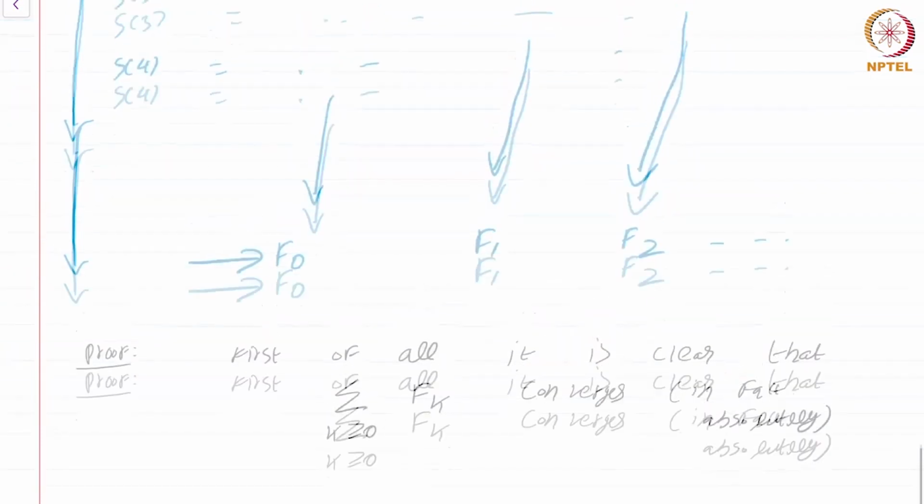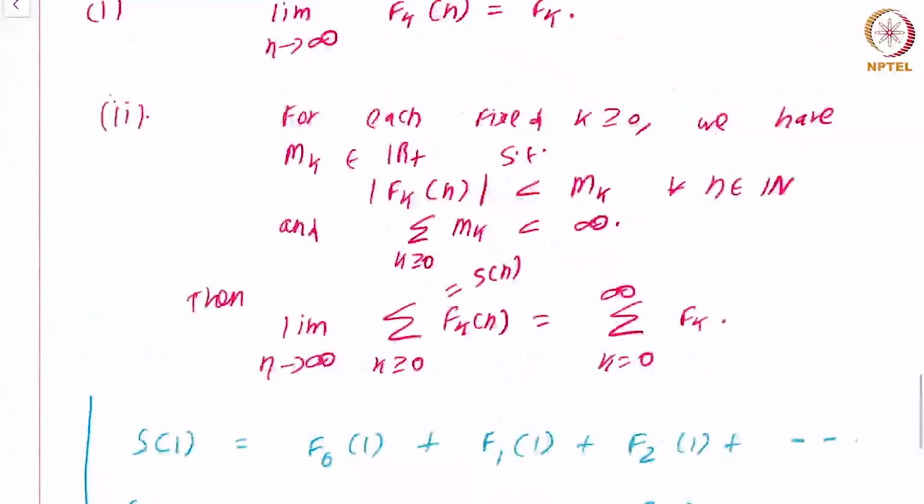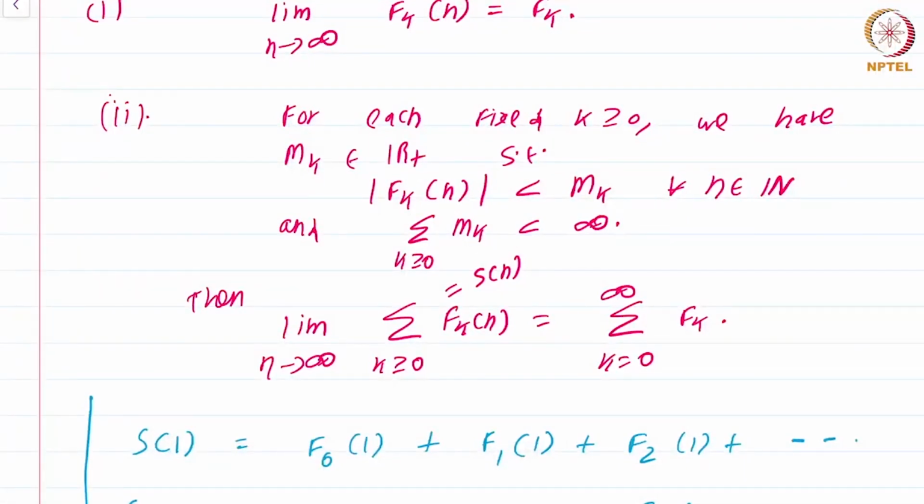Why is this the case? Well, look at hypothesis 2. What it is saying is that for each fixed k, f_k of n is bounded in absolute value by M_k, and the summation of M_k is less than infinity.